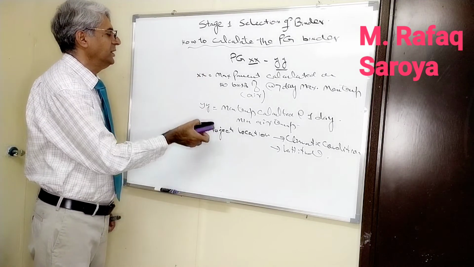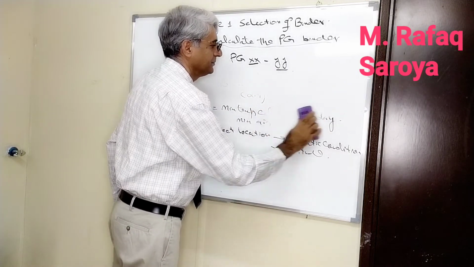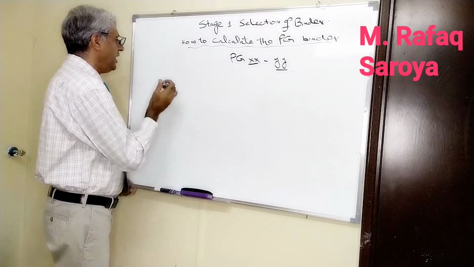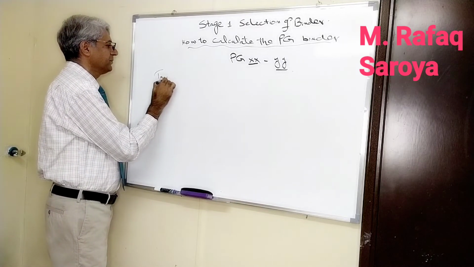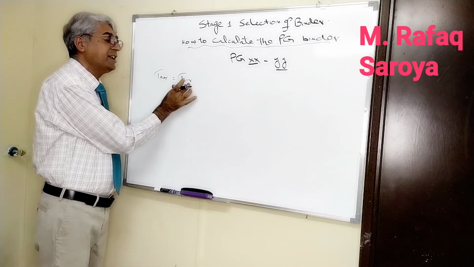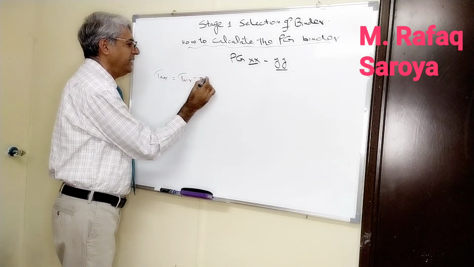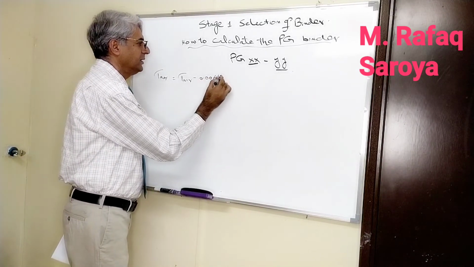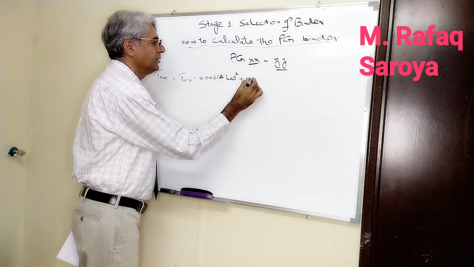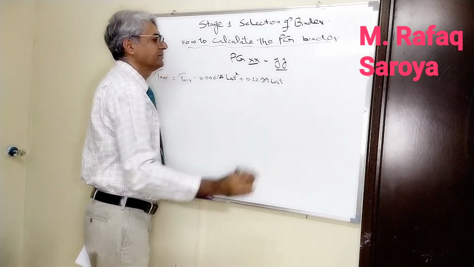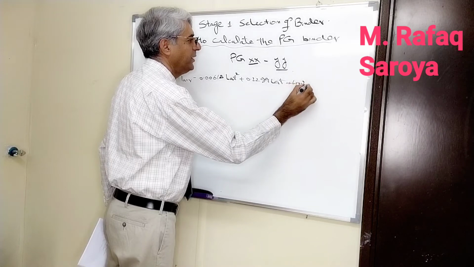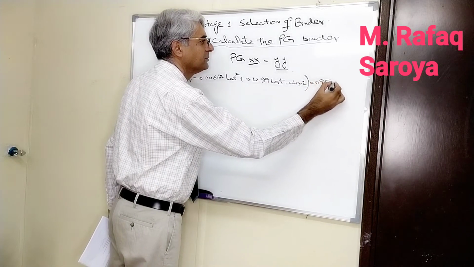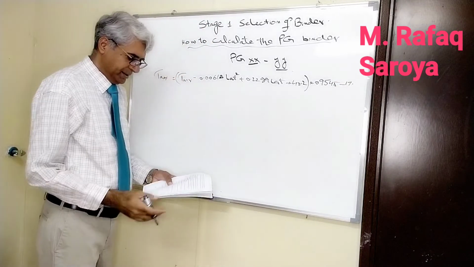Let me write down the equation. In order to find the maximum pavement temperature, we are going to use this equation: T max is equal to T air at the rate of 7-day maximum, minus 0.0066 latitude squared, plus 2289 lat, plus 42.2, into 0.4, minus 17.78.